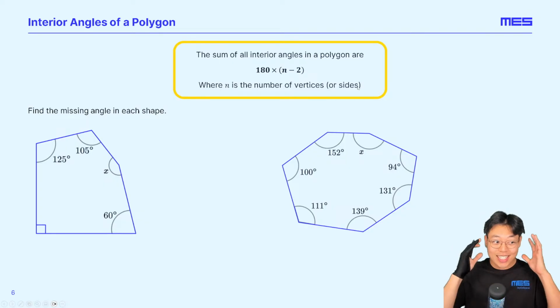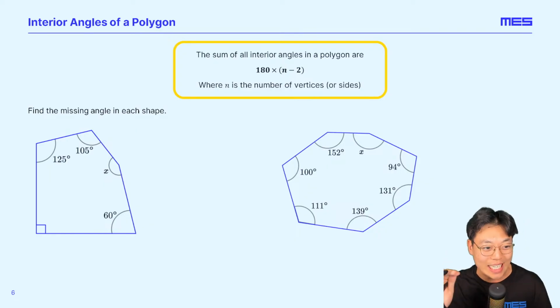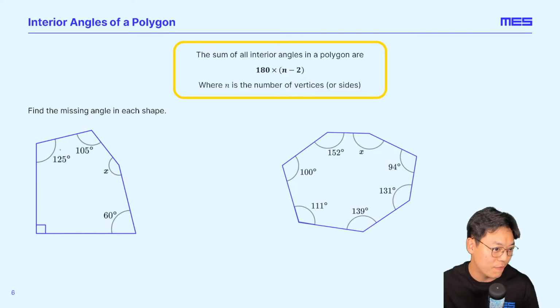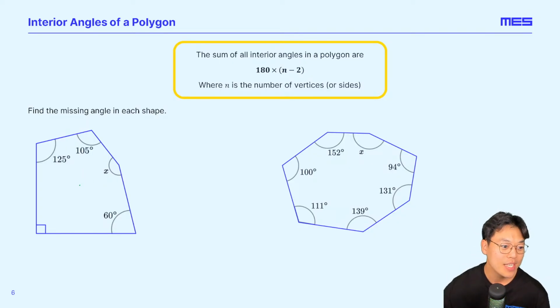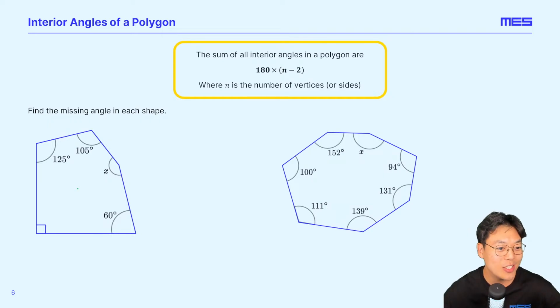So using this new information, let's try to find the missing angles in each shape here. For the first shape, how many vertices or sides do you see? In the chat. How many sides or vertices? A polygon should always have the same number of sides and vertices, by the way. I see Chiyoung has an answer, Daniel has an answer, Gary has an answer, and we're all answering 5.